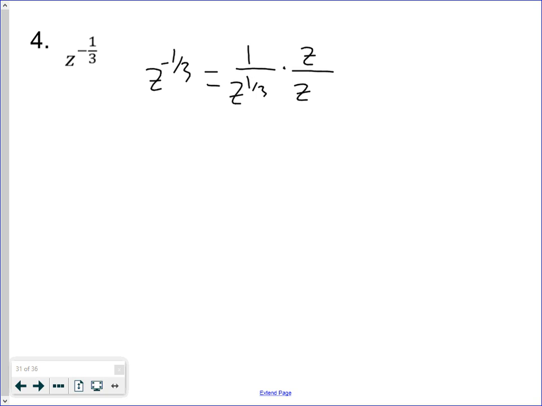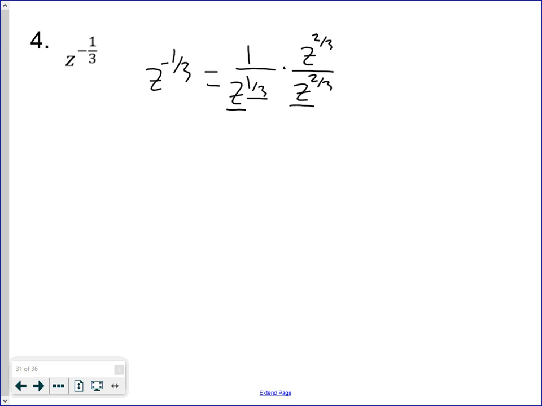And so when we're trying to figure out what we're going to multiply it with, we're going to multiply by the same base that it has, so z, and we're going to raise it to whatever power we'll add to the other exponent to give us a whole number. So in this case, 2/3.